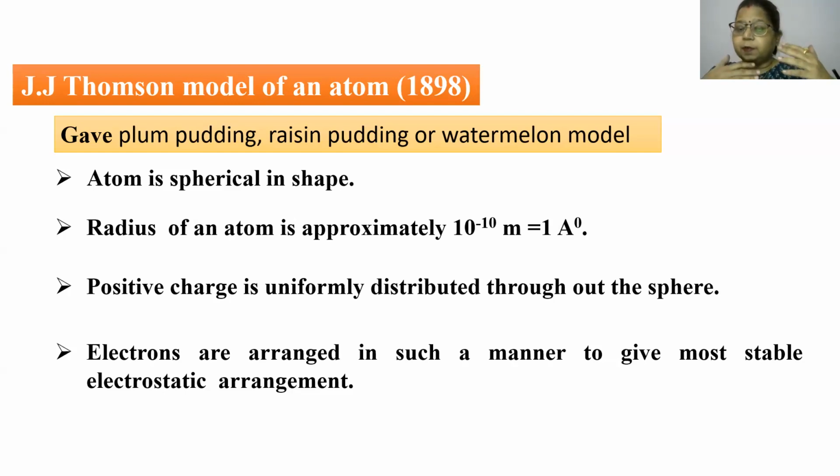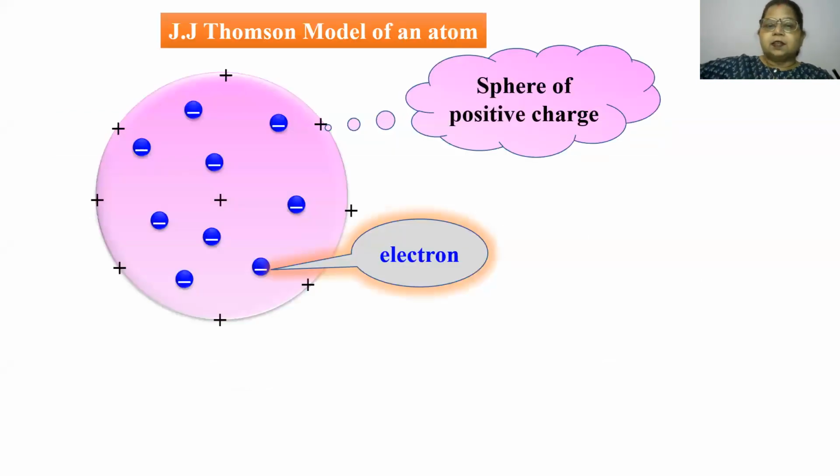So remember the sphere, there can be a multiple choice question or a reason assertion question on what the basic container contains. The container contains the positively charged cloud in which the electrons are embedded like the seeds of a raisin or plum, or the seeds of a watermelon also. So this is how it looks, right?